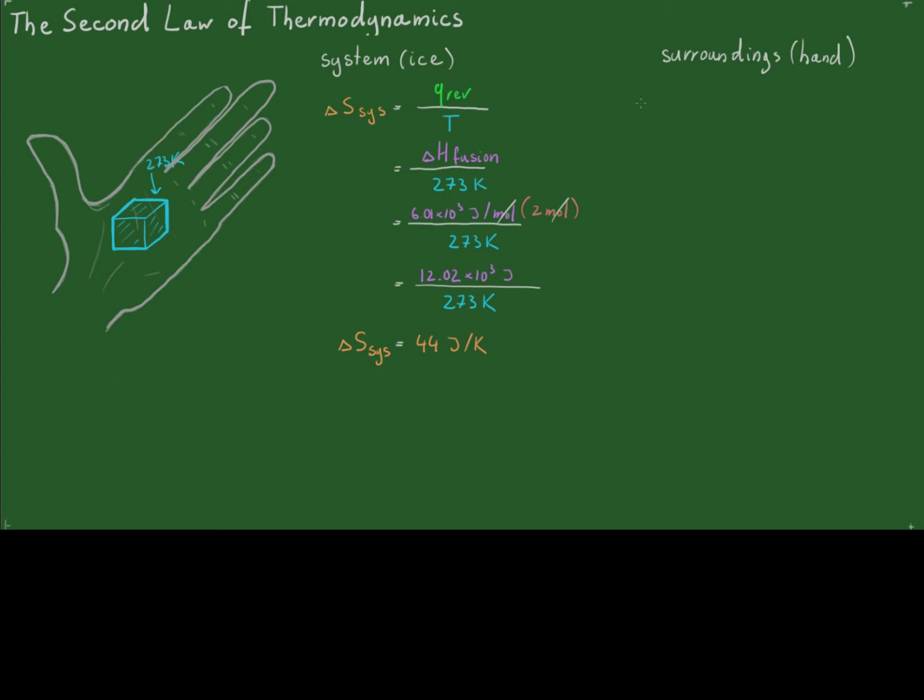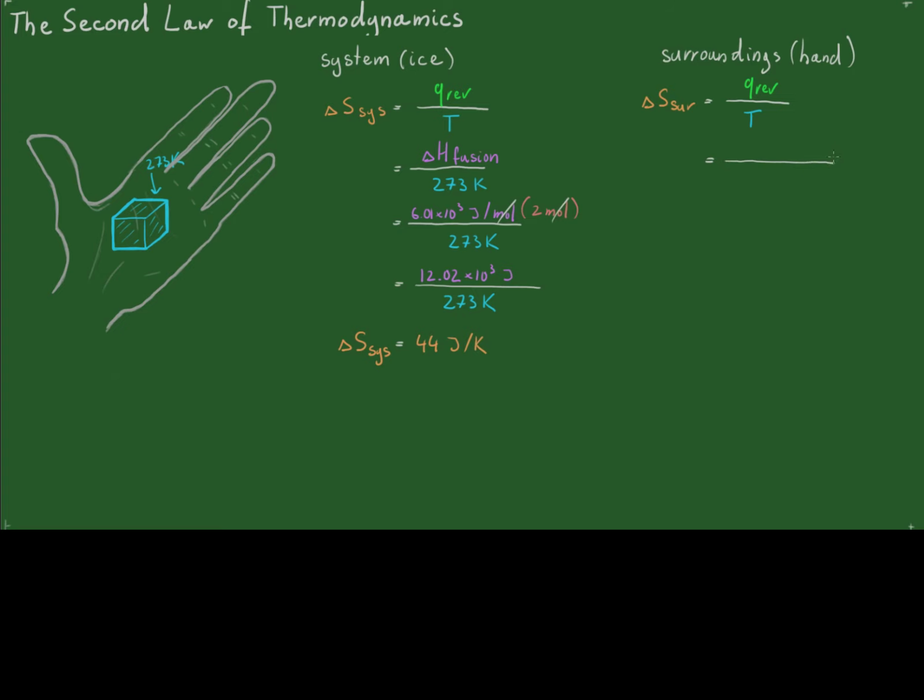Now let's look at what has happened to the surroundings. So the entropy change for surroundings, which I have defined as my hand, equals, we can use the same equation, so the heat of the process over the temperature of the process. So what is the process? Well, the process is the melting of the ice. It's delta H fusion.